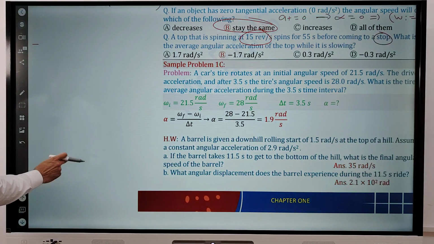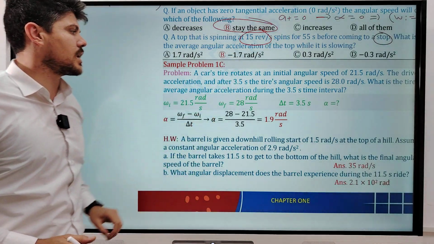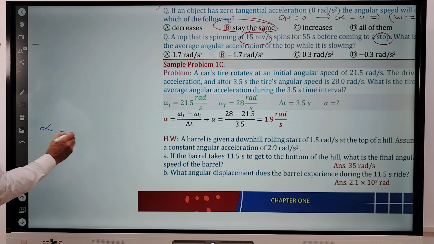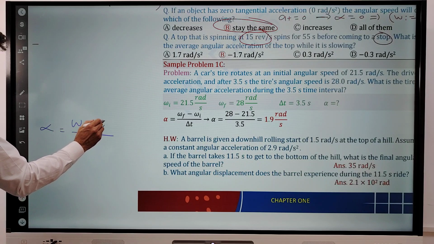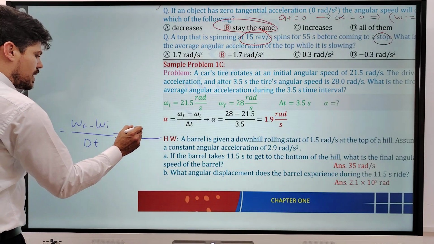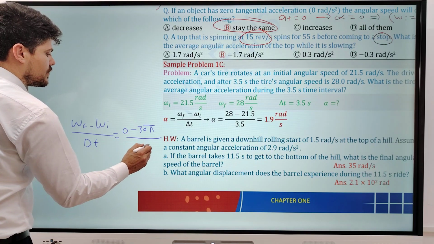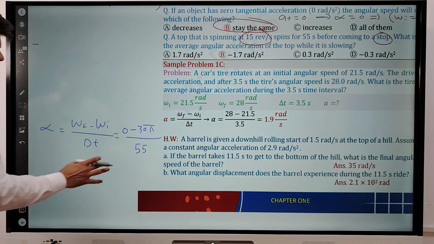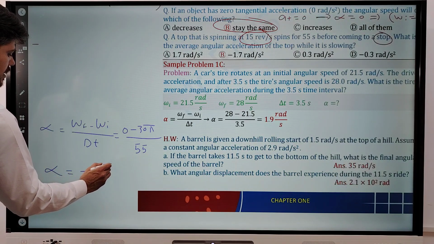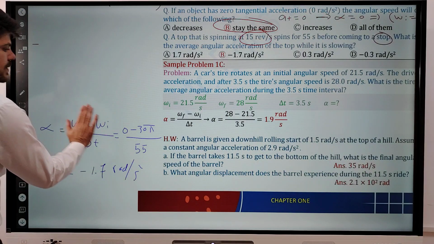Sorry, the time was 55, not 5. I mistook it. Okay? The time was given as 55 seconds. I do apologize. Omega final minus omega initial divided by t. Omega final was given 0 minus 30 pi divided by 55, not 5. Okay, I wrote 5, I'm mistaken, sorry. So alpha is equal to negative 1.7 rad per second squared. Okay?